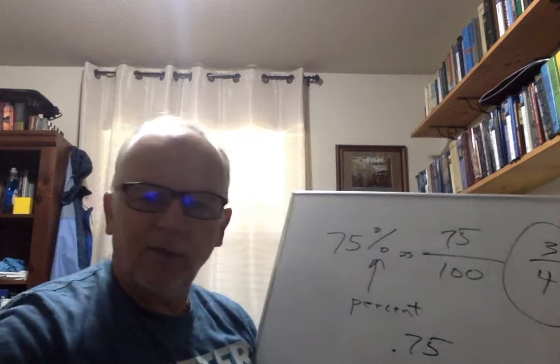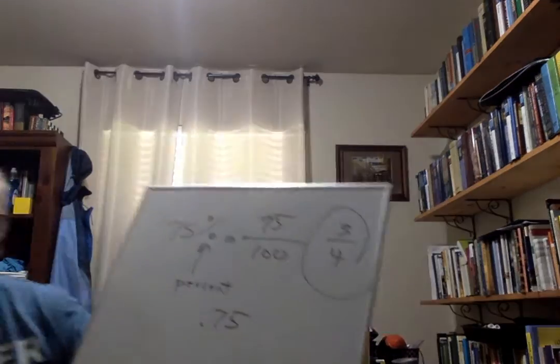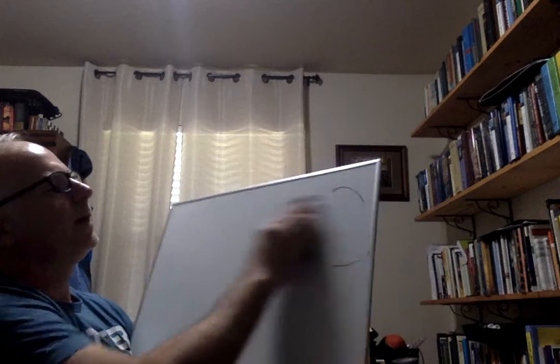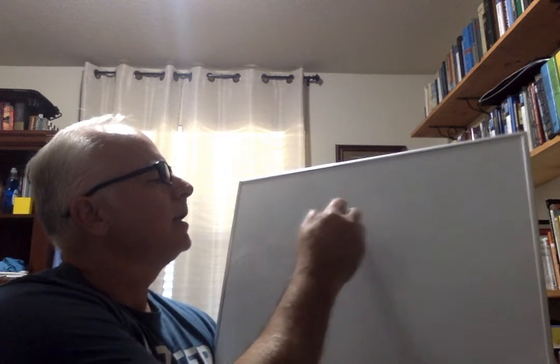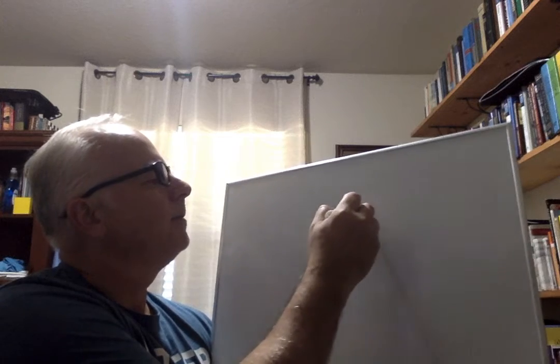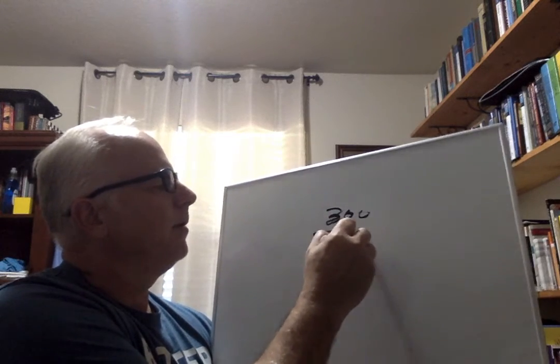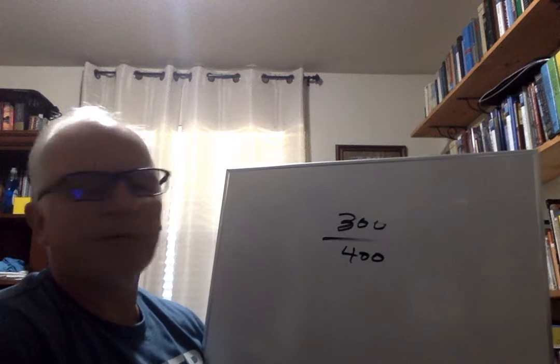Now, one other thing before I let you go, let me grab my eraser here. One other thing before I let you go is I want to show you something that I think is very important, and it's a little bit of a shortcut in terms of reducing fractions. Most of you, if you're relatively old, you already know it, but this is for the younger students for sure. One shortcut in reducing fractions is, let's say you have something like 300 over 400, and you're trying to reduce that. 300 over 400.